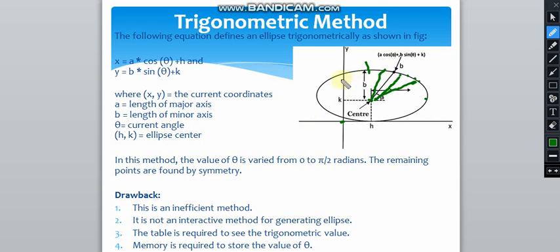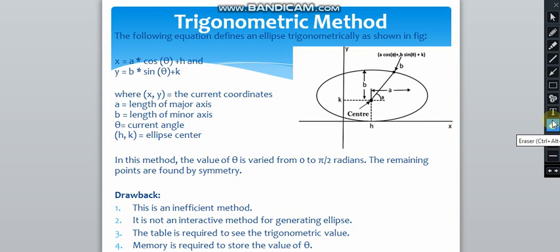In the last case we had square root and square, which was very complex, but in this one we have to see the table of cos theta and sin theta for different values of theta, and extra memory is required to store the values of theta.